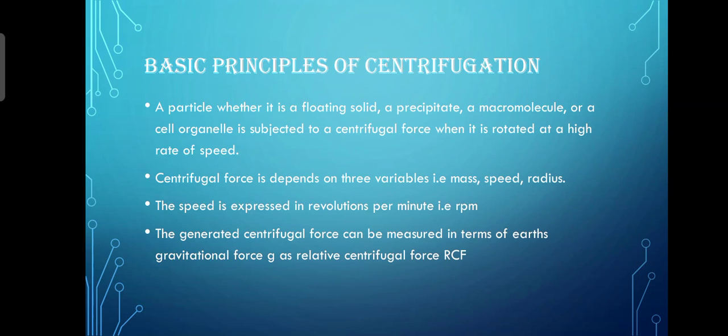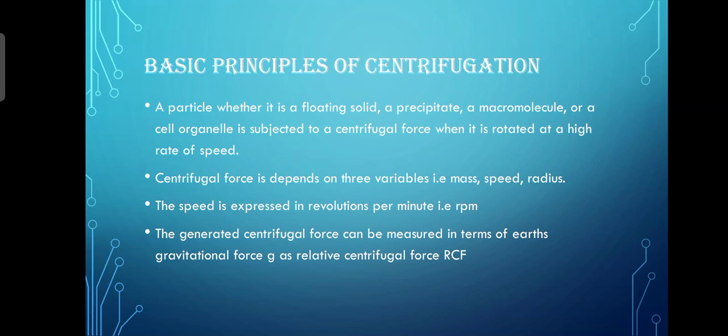Basic principle of centrifugation. A particle, whether it is floating, solid, or a precipitate, or a molecule, macromolecule, or a cell organelle, is subjected to the centrifugal force when it is rotated at a high rate of speed.